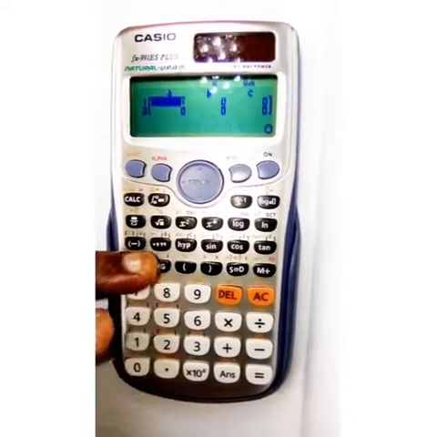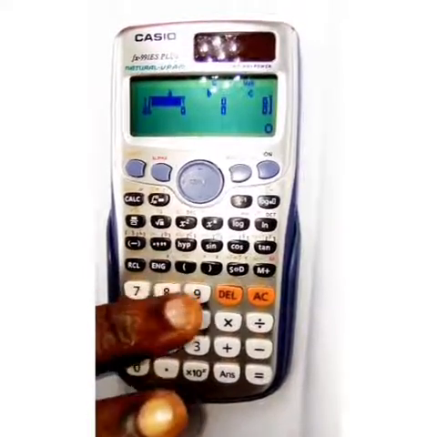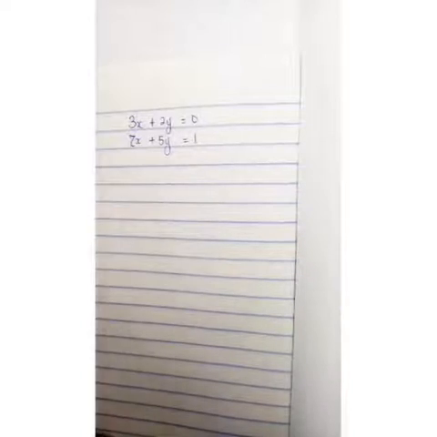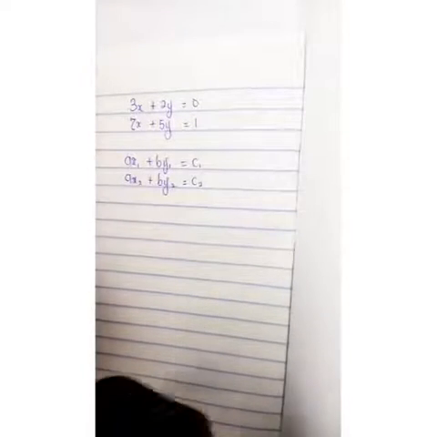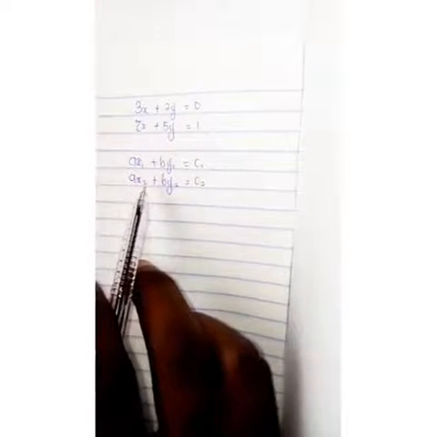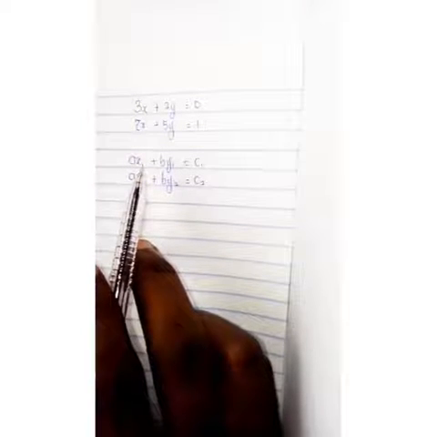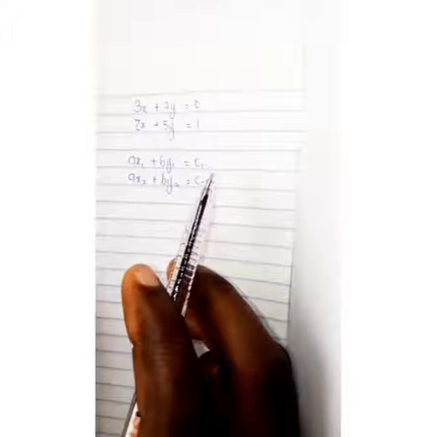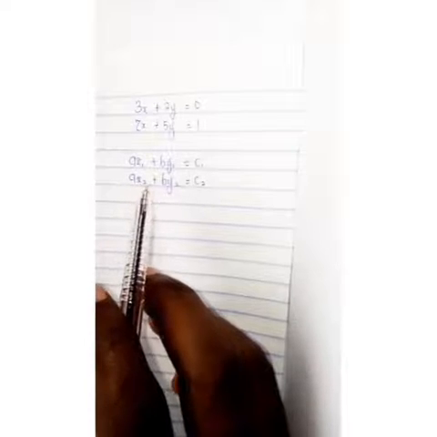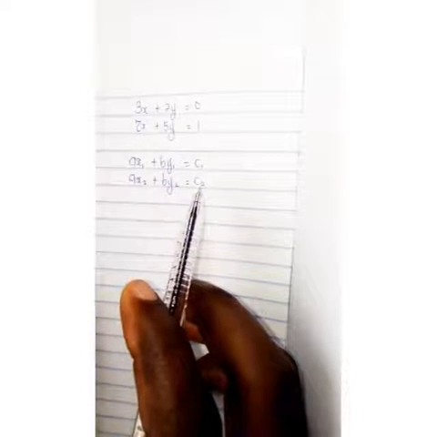For the course of this tutorial, I'll be taking this very equation, which is 3x plus 2y is equal to 0, 7x plus 5y is equal to 1. Of course, you know all simultaneous equations take this form, which is a1x plus b1y is equal to c1, and a2x plus b2y is equal to c2.